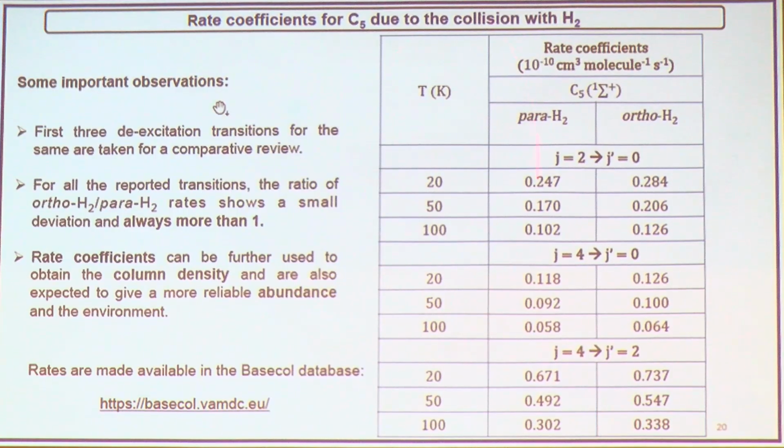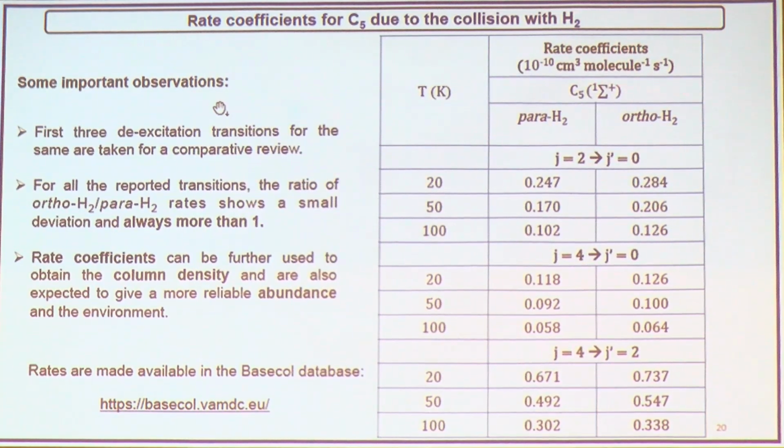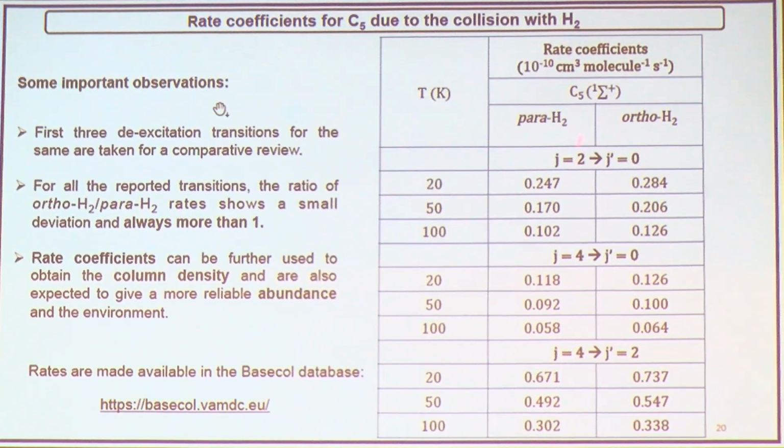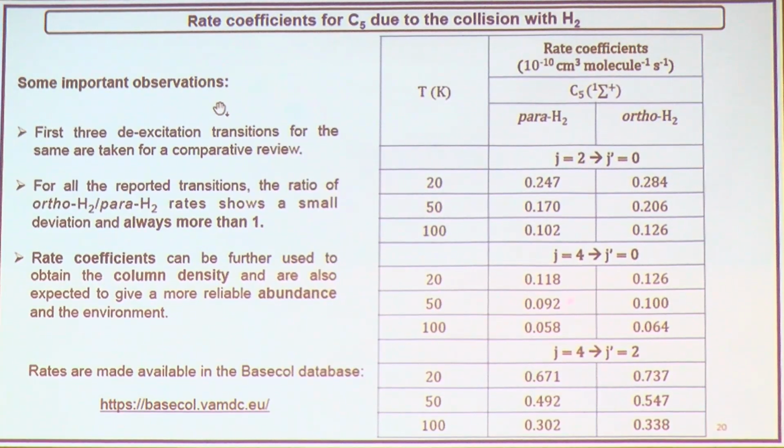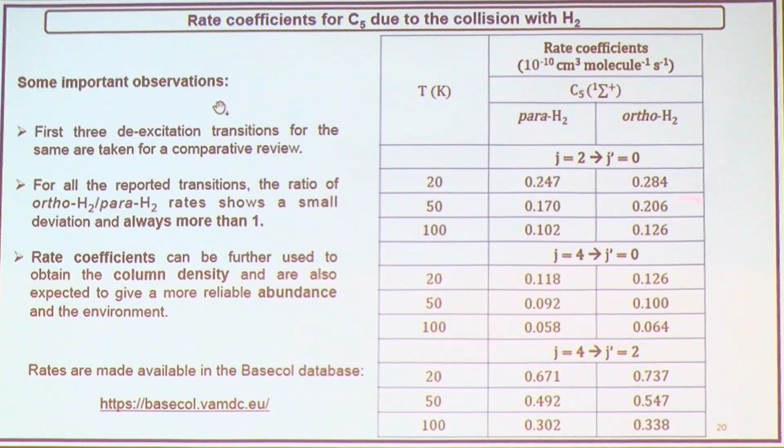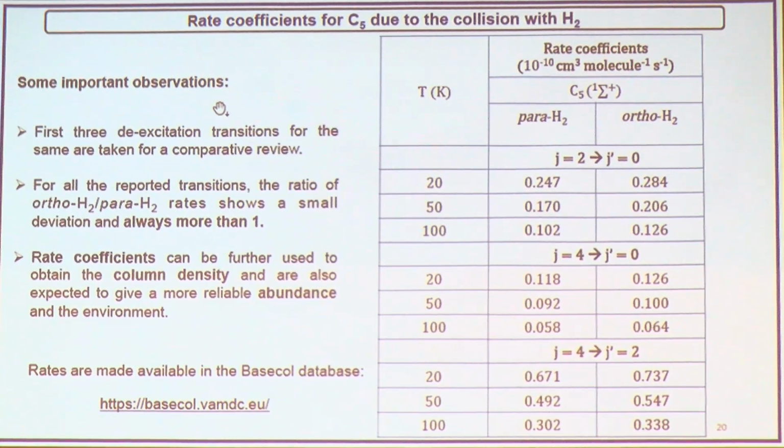And at various temperatures we have compared the absolute values of rate coefficients for both para hydrogen collision and ortho hydrogen collision with C5, say for the 2 to 0 or 4 to 0 transition or 4 to 2 transitions. What is to be noted is, as I was saying, the ortho values are higher than those of the para hydrogen collision rate coefficients. The ratio is always more than 1 at any temperature.